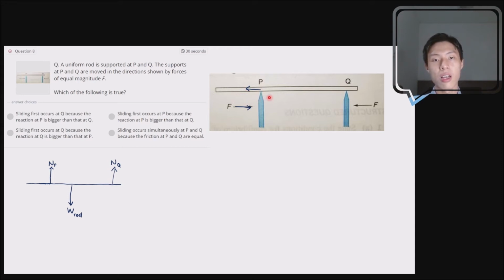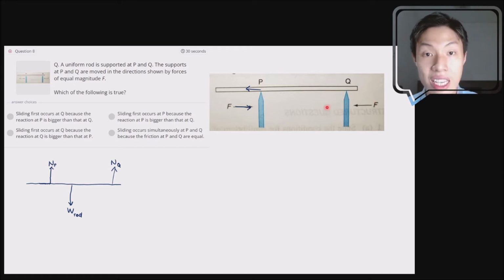That's why the friction experienced by this support over here is pointing to the left. The friction experienced by this support will be pointing to the right because this force over here is trying to overcome the friction that is in the opposite direction.